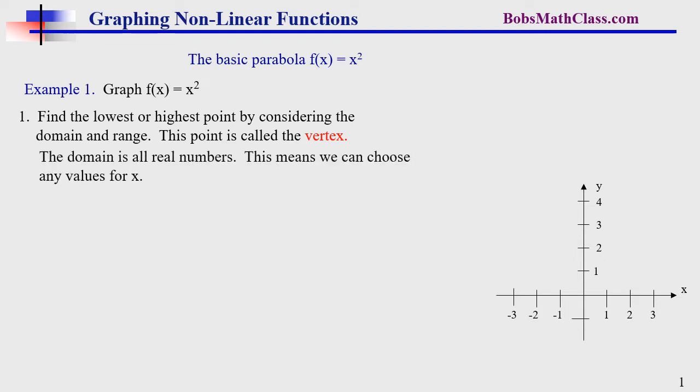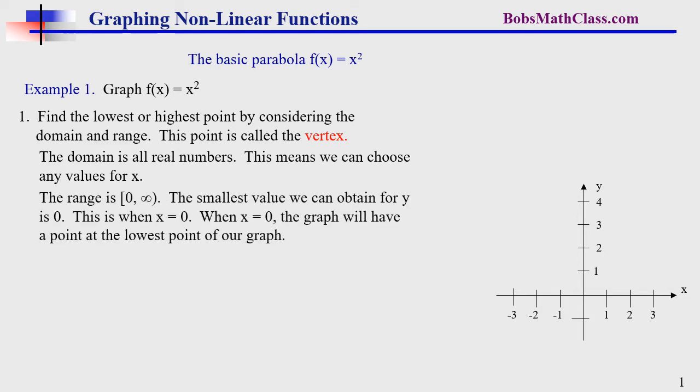Okay, so the domain is all real numbers. We talked about that. This means we could choose any values for x. The range is from 0 to infinity. The smallest value we can obtain for y is 0, and this is when x equals 0. So when x equals 0, the graph will have a point at the lowest point of our graph. That's going to be called the vertex.